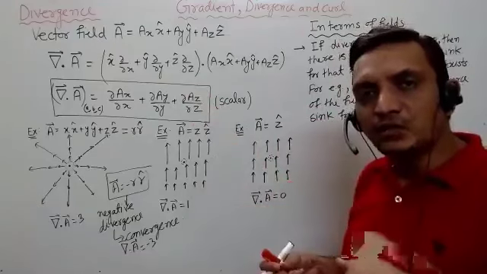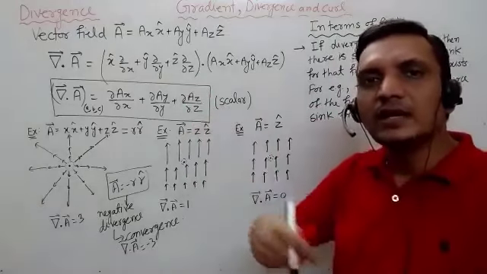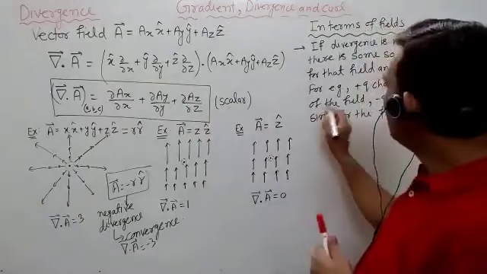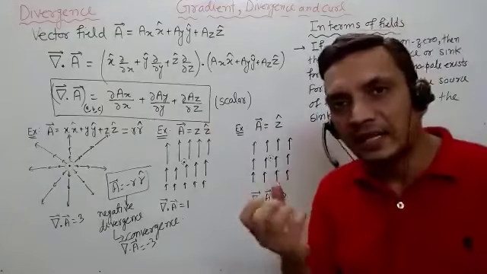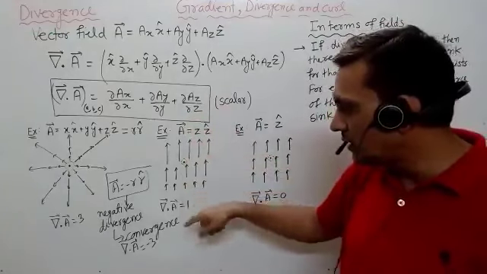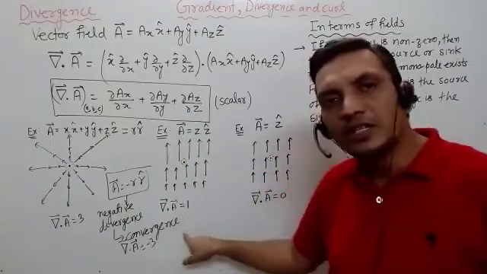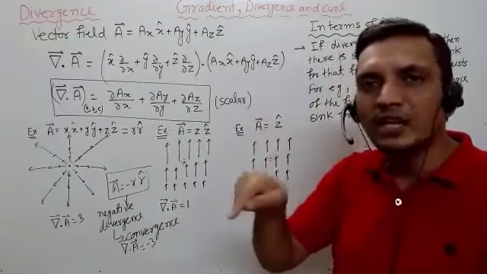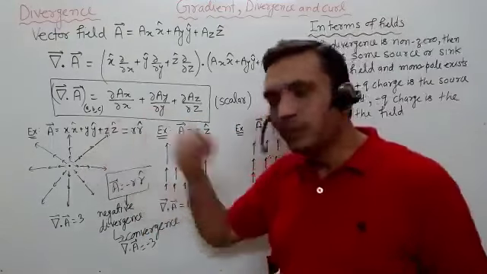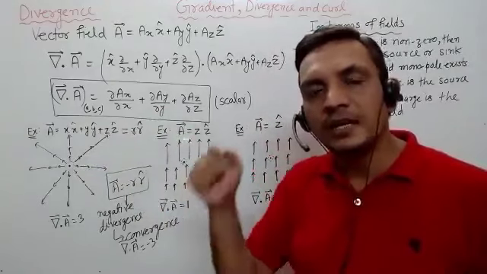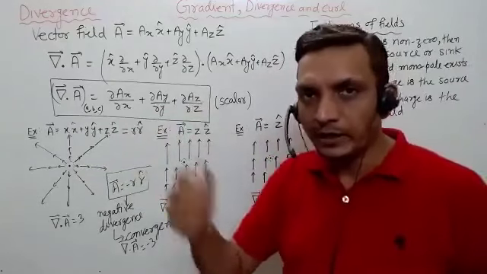And if you have minus Q charge, electric field lines are converging. So minus Q charge represents the sink. If you have negative divergence or convergence, that point is the sink point. And if you have plus Q charge diverging, that point is the source point.